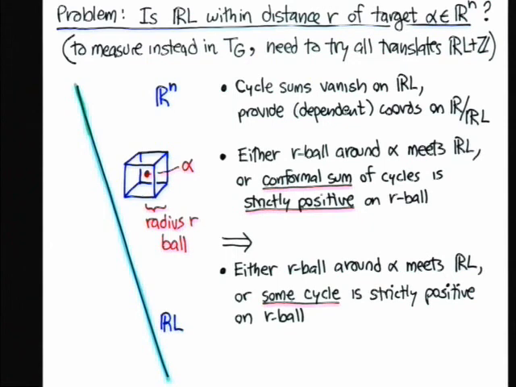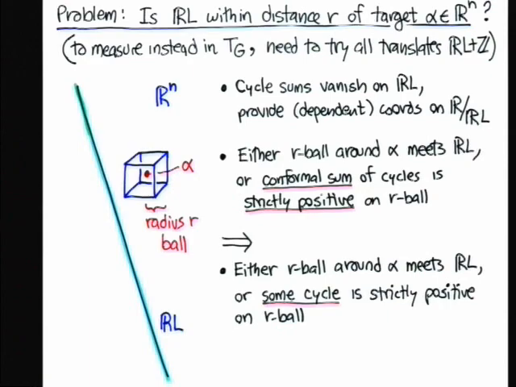To formalize that slightly better, we might as well choose a linear functional that vanishes on RL. And then the way of restating that is either the box intersects RL or I can find a linear functional vanishing on RL that is strictly positive on the box. That's really saying the same thing. Then just take the linear functional equals epsilon and there's your original hyperplane.